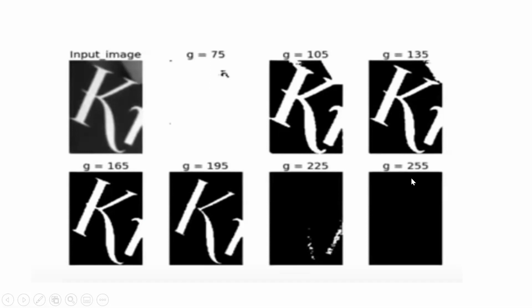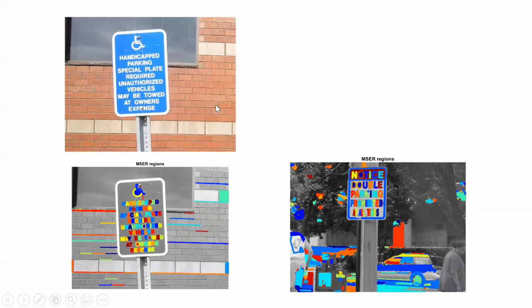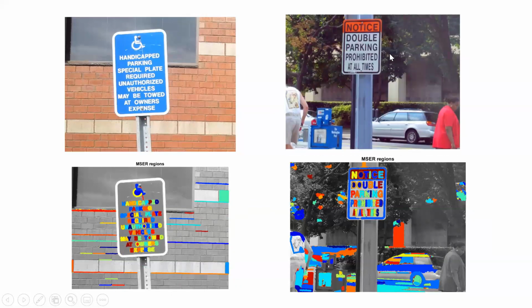Similarly, if you change the threshold values, we'll find different images. By combining some threshold values, we can identify the regions. These are the MSER features. This is an example of MSER regions of this image, and this is another image and its corresponding MSER regions.